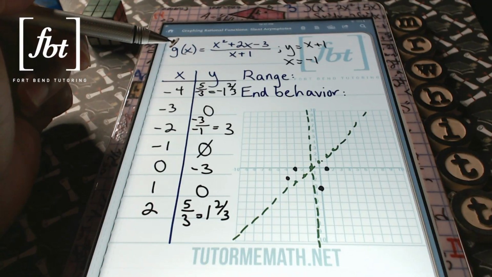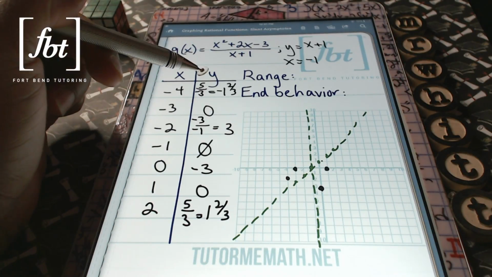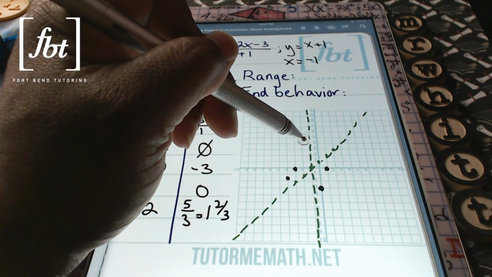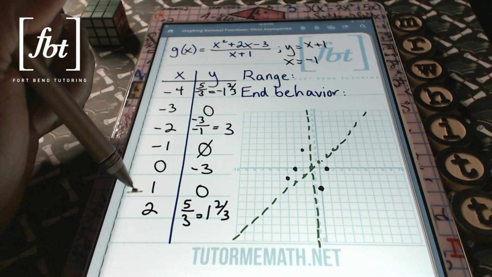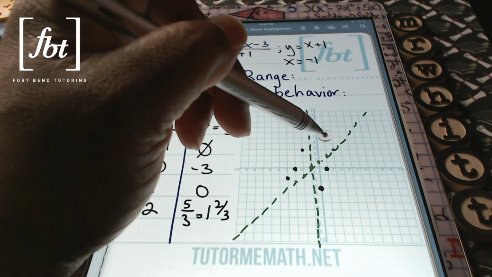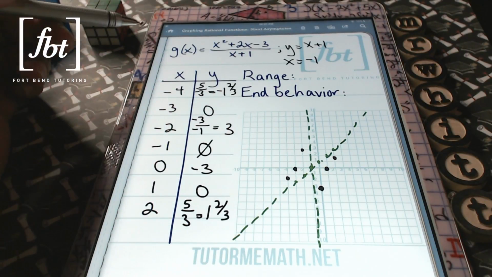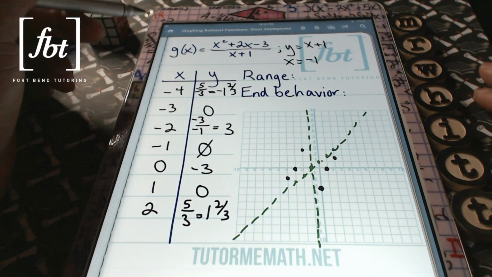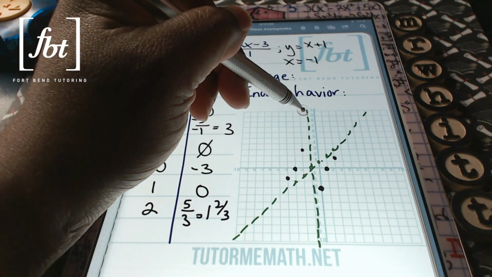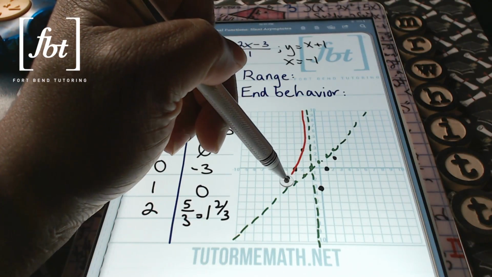And then we have a point also at -2, 3. So -2 and that's 3 here. And then we also have a point at 2 and 1 2/3. 2 and 1 2/3 is here. All right. Well, ladies and gentlemen, that means that my graph is going to be doing this.